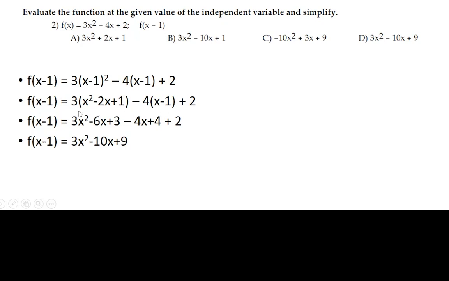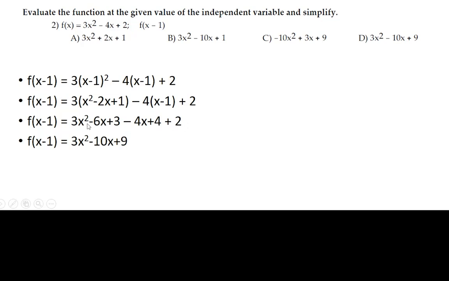When we distribute the 3, we get 3x squared minus 6x plus 3. When we distribute the -4, we get -4x plus 4. It is a plus 4 because we have -4 times -1. That's positive 4. And again, we have our plus 2.